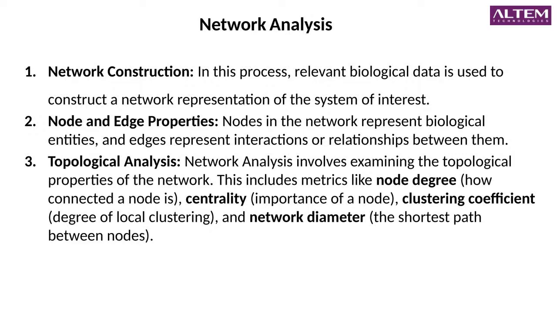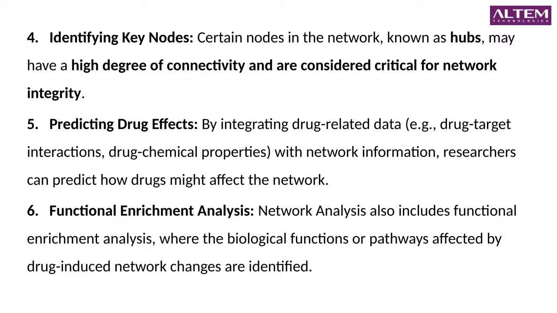Then we have centrality measures, where we identify influential nodes that play significant roles in maintaining network integrity. Then we can also use clustering coefficients, which indicate how interconnected nodes are within local clusters. So these kinds of metrics can be used to analyze your network.